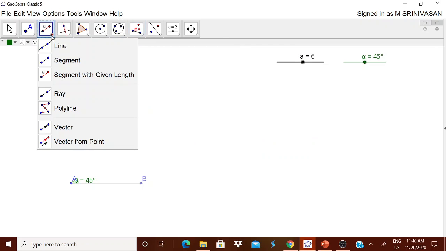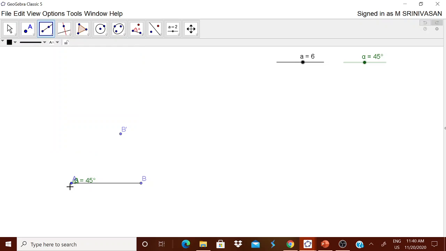Now to make that ray, go to this ray and then simply touch this and then touch this B dash also. Then escape. And now I will bring this alpha over here and A over here, B over here, and I don't want this B dash, therefore I will click it, show object, it will go. Now you see when I am moving it, it moves.